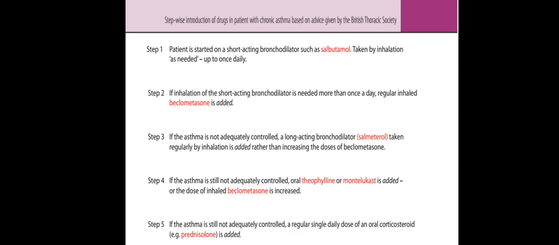So instead of increasing the dosage of the drug added in step 2, you now add a long-acting bronchodilator, according to the guidance or protocol.